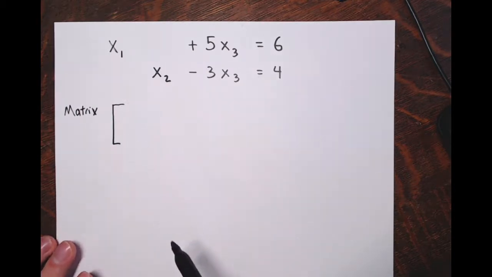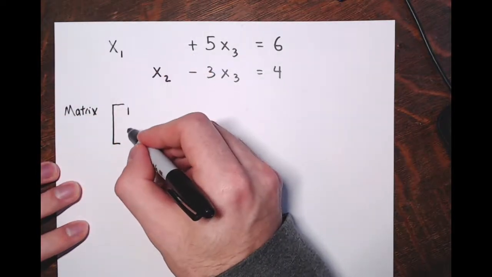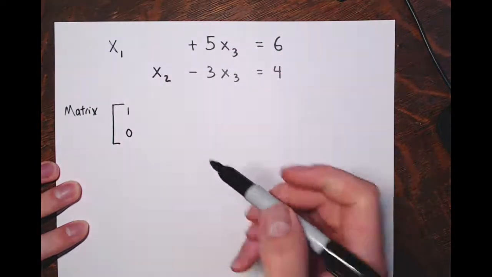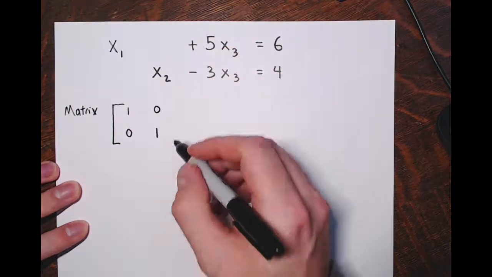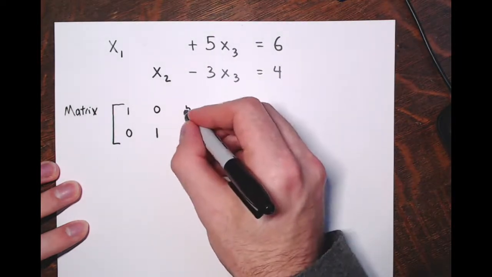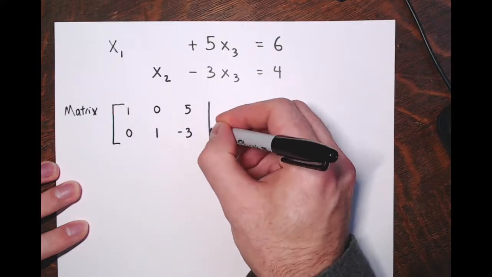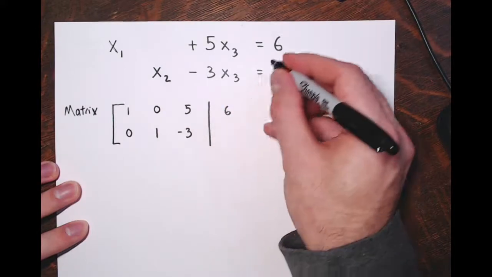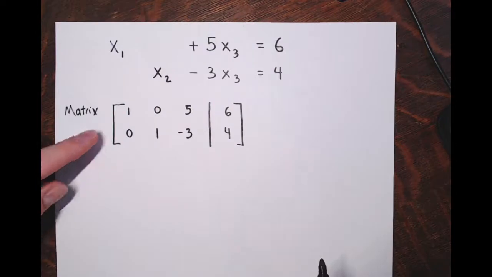Down the first column, the coefficients of x1, which in these equations are 1 and 0. Down the second column, the coefficients of x2, which are 0 and 1. Third column, the coefficients of the x3 variables, positive 5, negative 3. And a bar representing where the equal signs are, and then the constants on the other side, 6 and 4. All right, so this matrix represents that system.